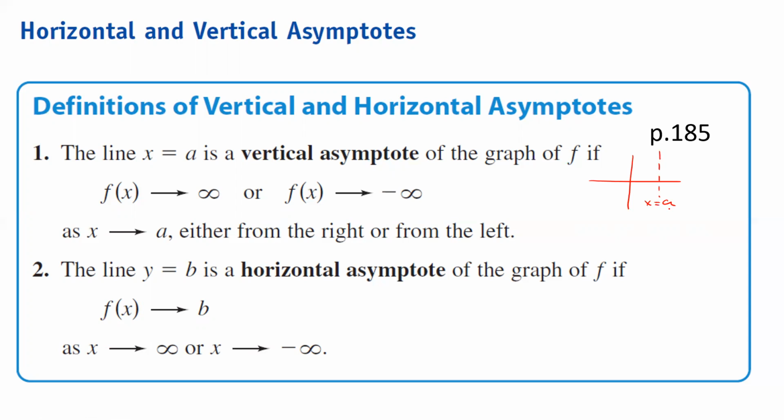There's never a time where the graph will touch a vertical asymptote. And so it kind of goes like this, like that. And it may come down the same direction. It may come down a different direction. But that's a vertical asymptote. We usually put a little dash line coming straight down. The abbreviation for it is VA for vertical asymptote.